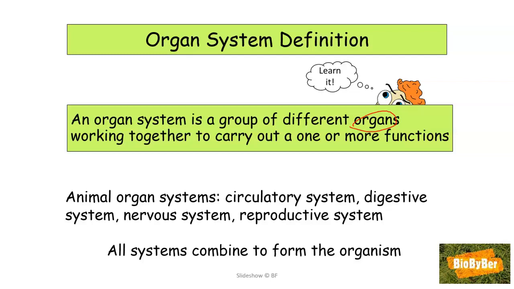Animal organ systems consist of the circulatory system, our digestive system, a nervous system, and a reproductive system, for example. Now, all of these are essential to life, except perhaps the reproductive system. All these systems then combine to form the organism.